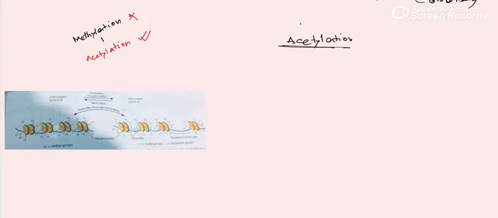Acetylation means gene expression. It helps to open up the DNA for replication and transcription. Gene expression, I have already told, means replication, transcription and translation.